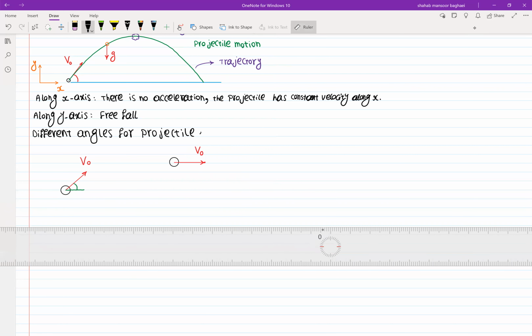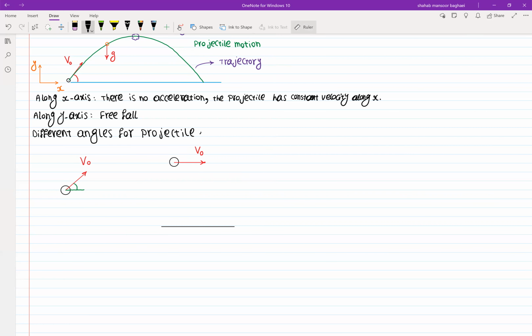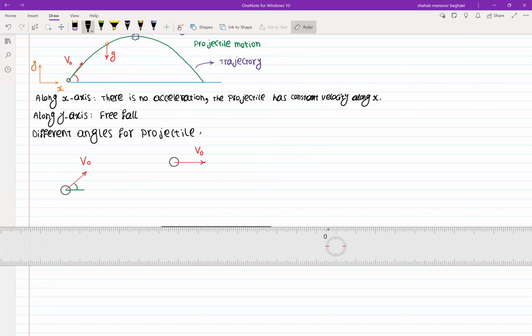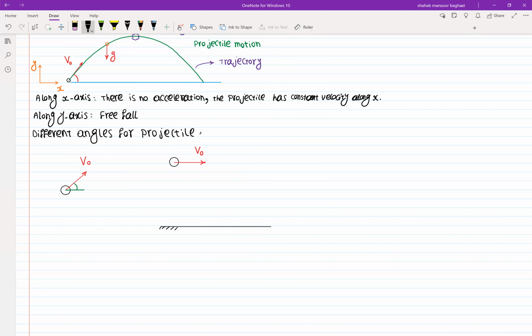Imagine the ground is here. And this is your trajectory or path, like this.